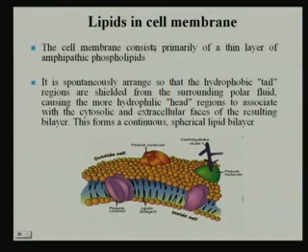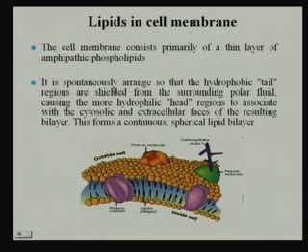Coming to the lipid in the cell membrane, the cell membrane consists primarily of a thin layer of amphipathic phospholipid molecules, and here you just see this lipid bilayer, this polar head, and here also lipid, these polar heads are there and non-polar tails are there inside.